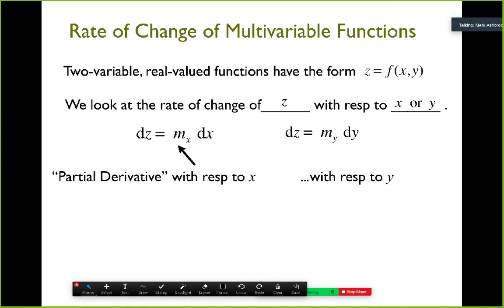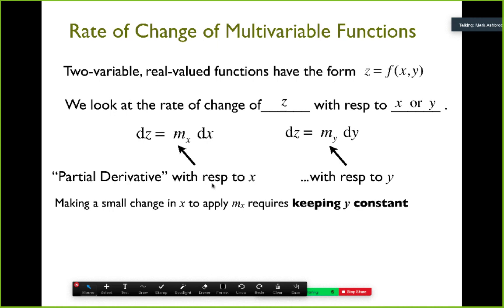That value right there is the partial derivative with respect to x. It's the constant of proportionality for changes in x to changes in z. And then this is the rate of change with respect to y. It's a different constant of proportionality for changes in y to changes in z. So when we consider a partial derivative with respect to x, since we're keeping these separate, we're going to make this as easy as we can on ourselves.